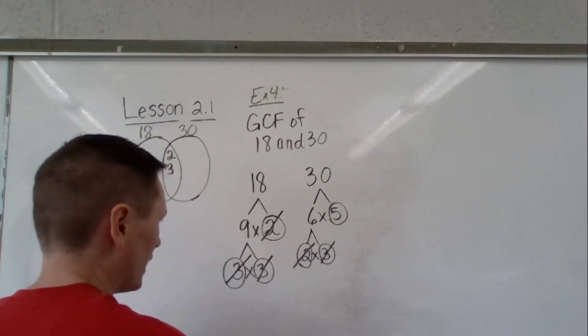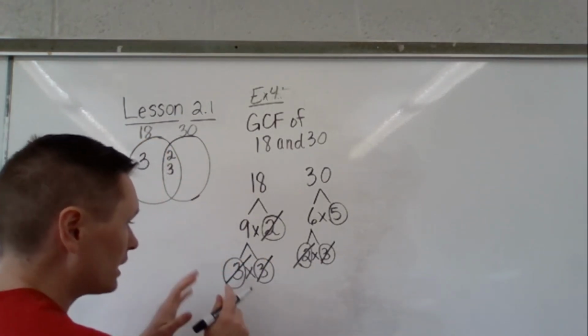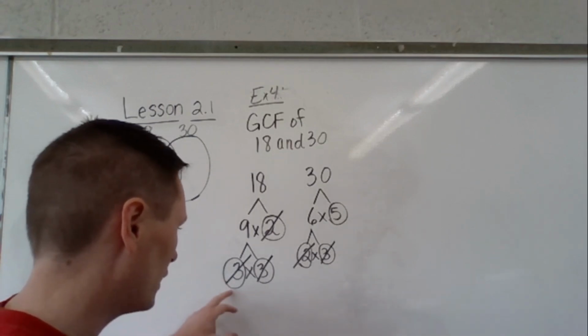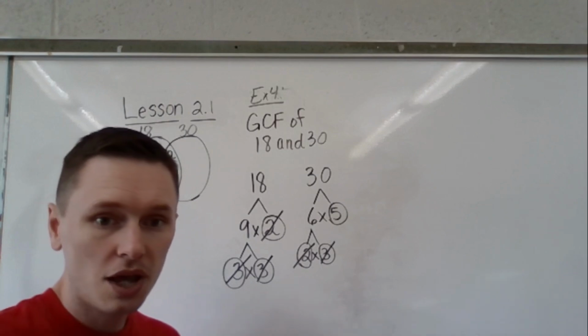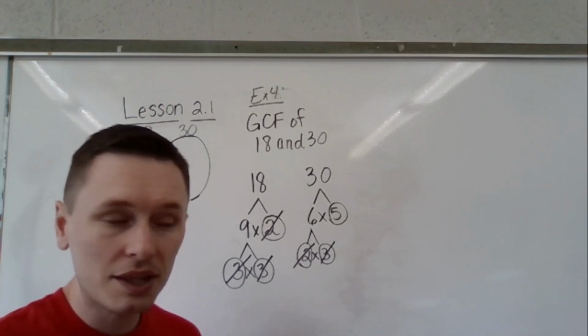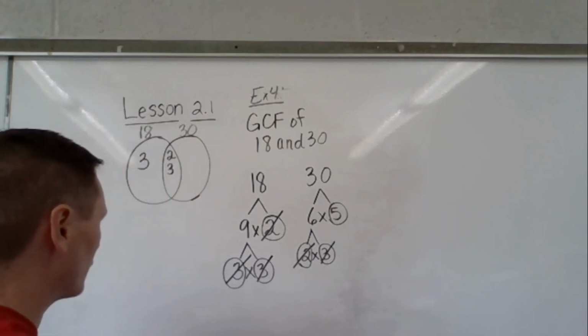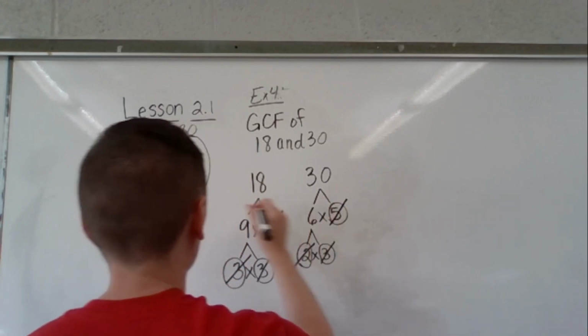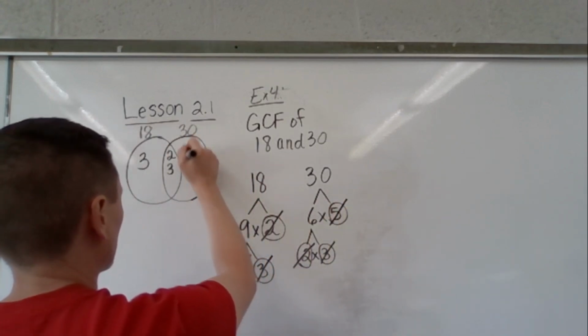I can cross it out. If you want to keep it uncrossed to remind you that it doesn't belong in the middle, that's fine too. I just like to cross all the numbers out that I've used, so I know I'm done once I've crossed out all the numbers. 5 doesn't belong anywhere besides under 30.